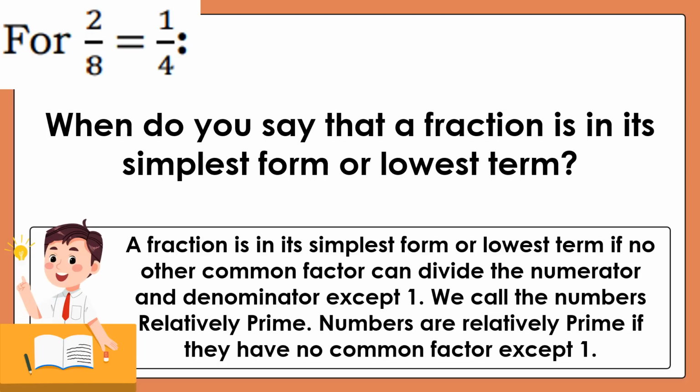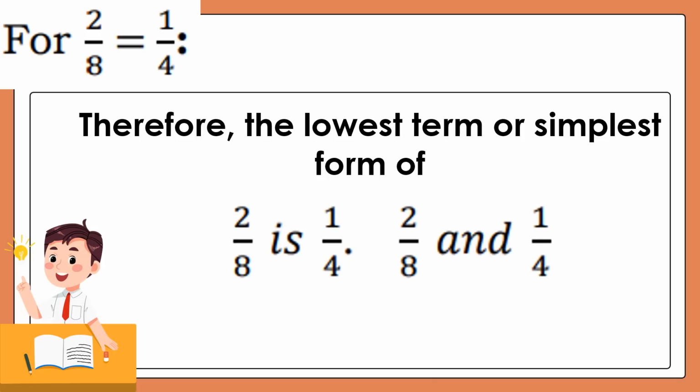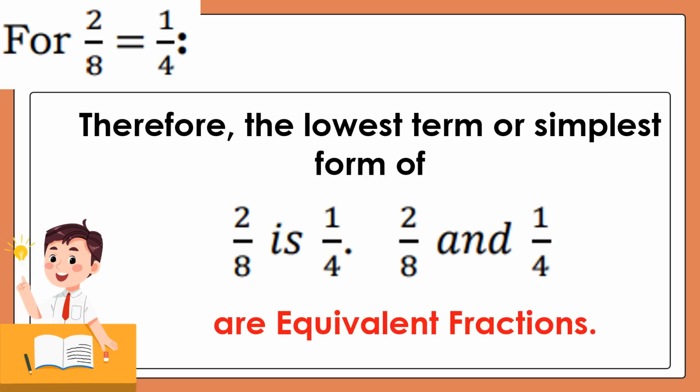We call the numbers relatively prime. Numbers are relatively prime if they have no common factors except 1. Therefore, the lowest term or simplest form of 2/8 is 1/4. 2/8 and 1/4 are equivalent fractions.